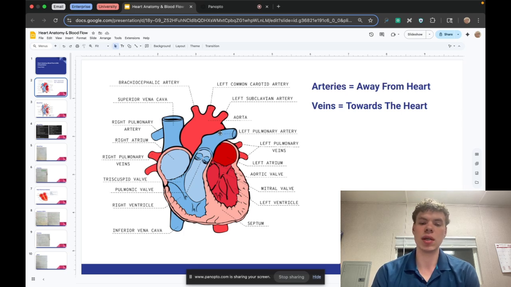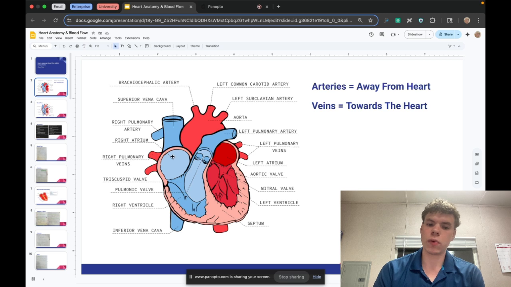As you can see, going from the pulmonary artery to the pulmonary vein, it becomes oxygenated in the lungs, and then it returns through the pulmonary vein into the left atrium, and then through the aortic valve to the left ventricle. Wait, no, not the aortic valve, the mitral valve to the left ventricle. And then from the left ventricle, it goes to the aorta and out to the rest of the body.